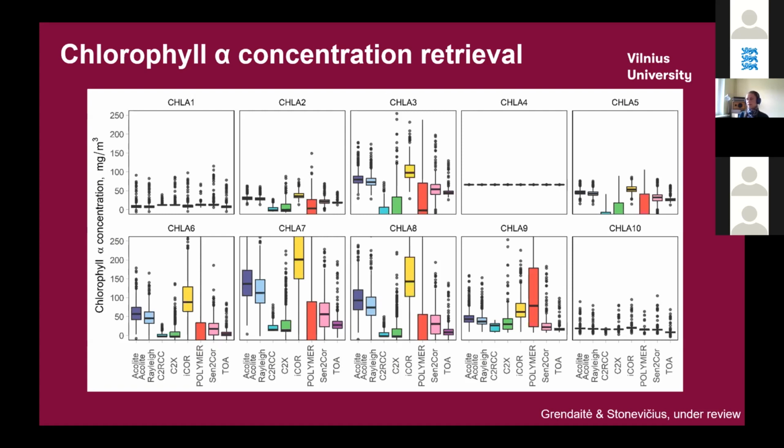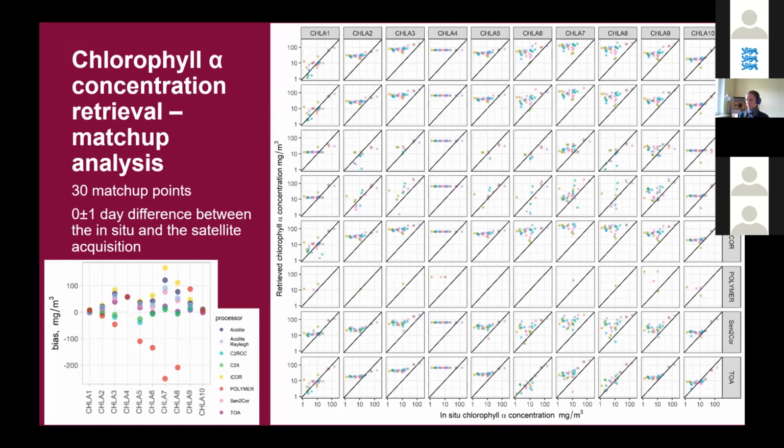And you can see here that the 1st and the 10th algorithm provided quite similar results when different atmospheric correction algorithms were used. So we can see that high uncertainties of reflectance transferred to chlorophyll concentration retrieval.